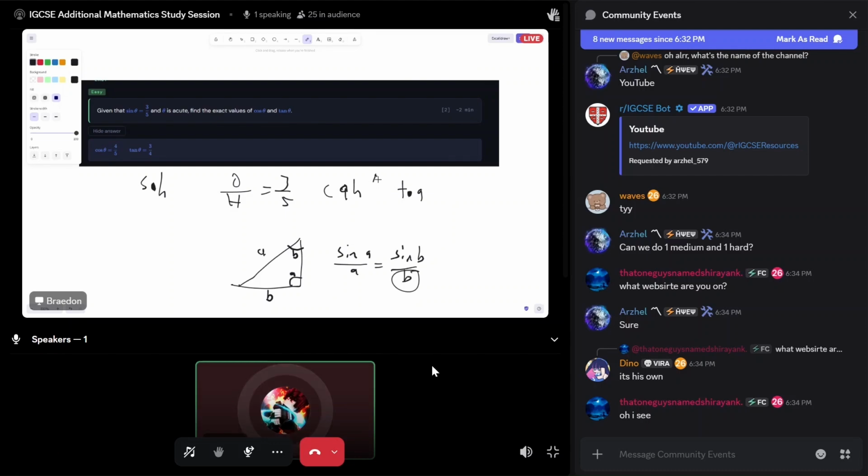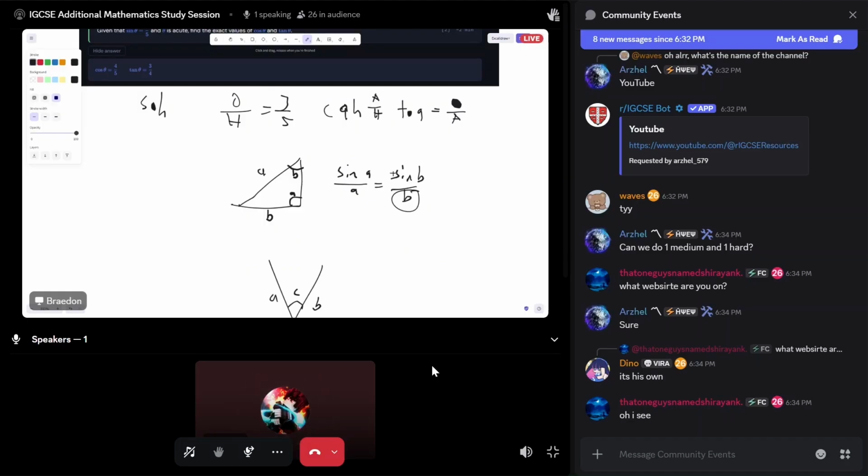So cos is adjacent over hypotenuse and tan is opposite over adjacent. And you're thinking, wait, how do I find adjacent? Just draw the triangle. So that's your angle. And so opposite is here. Opposite the angle. Hypotenuse is the longest one, which is also opposite of the 90-degree angle.